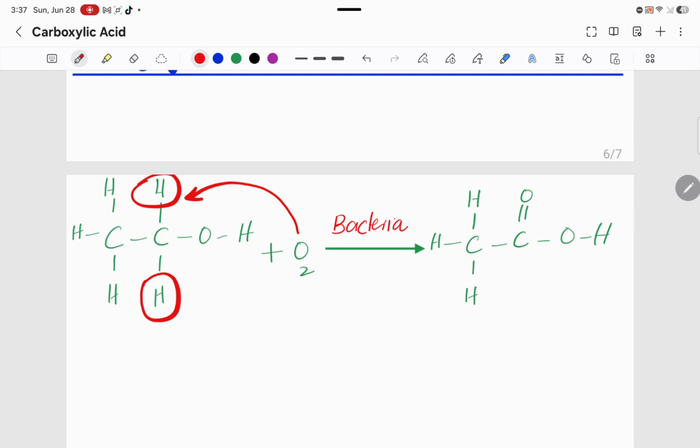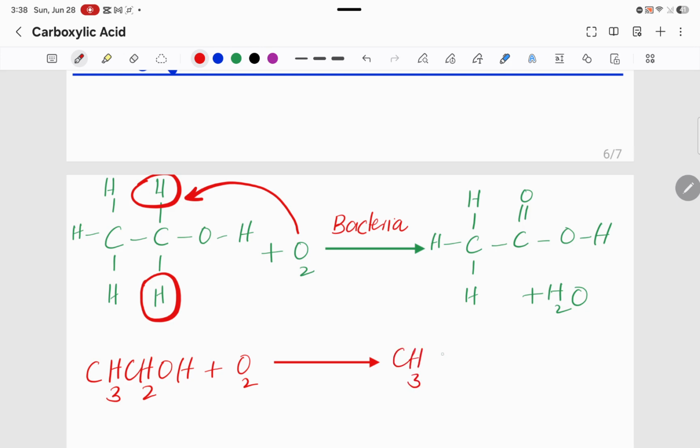So simply, it was CH3 CH2 OH plus oxygen and it will turn into CH3 C double bond O OH plus H2O.